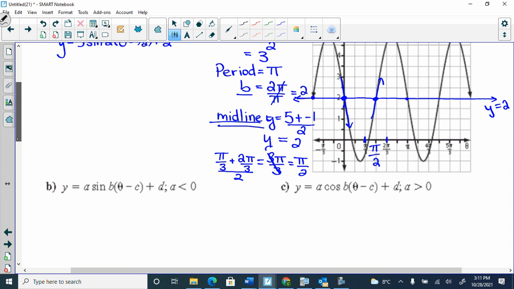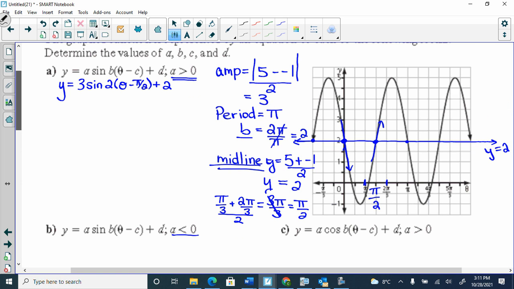So if I did my negative sine, I would go y equals negative 3 sine. My b is 2. My c is nothing, so I could go theta minus nothing. Or I could just say theta plus, what's my d? 2. This is a positive cos.